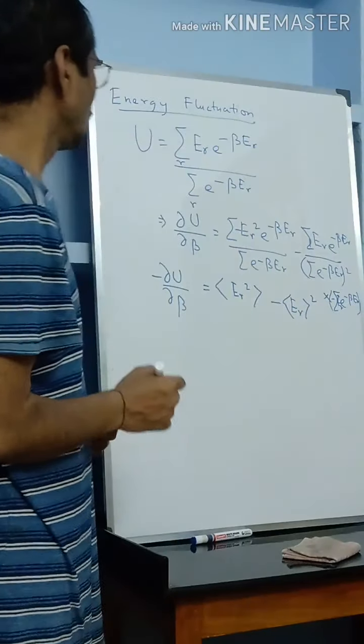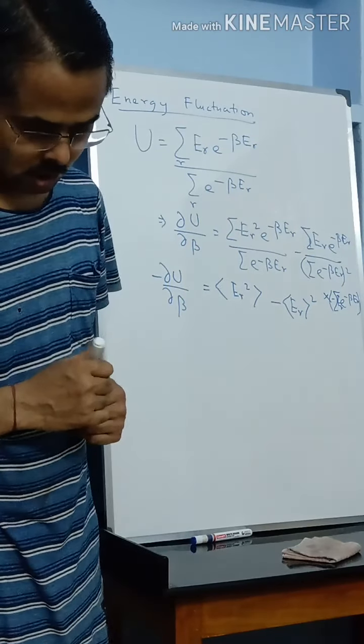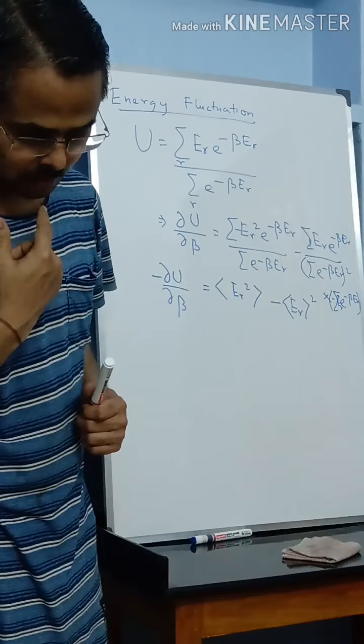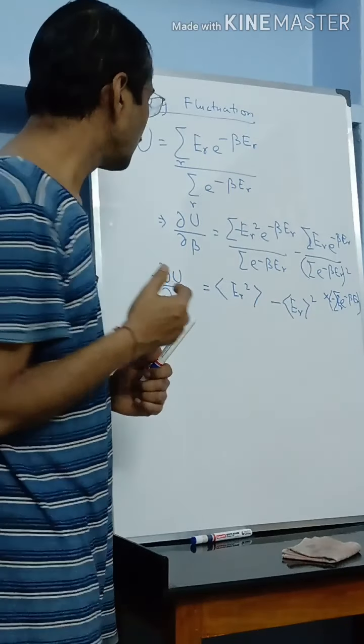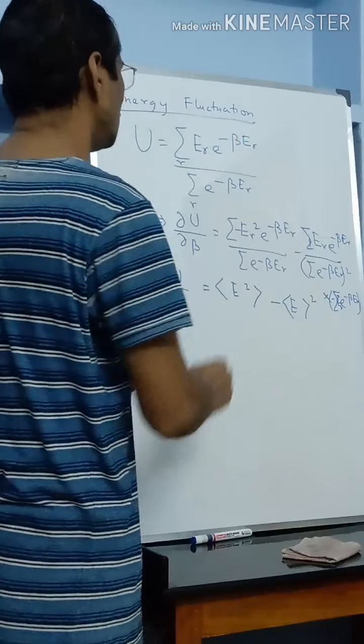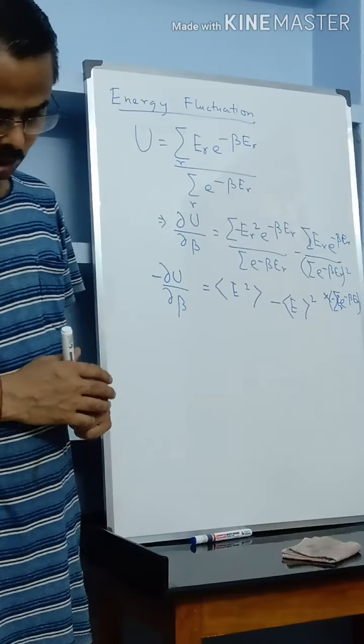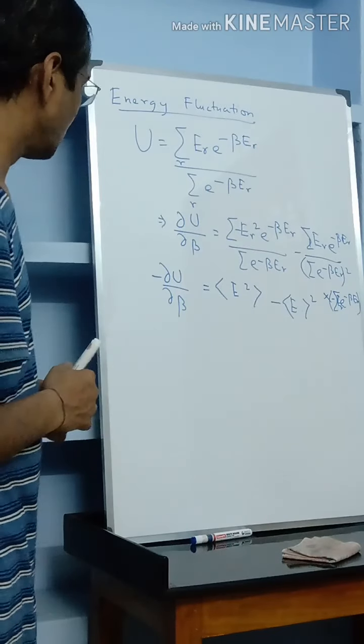So this is basically the fluctuation in energy, which we can write as the average of E squared minus the square of the average of E. This is nothing but delta E squared average.